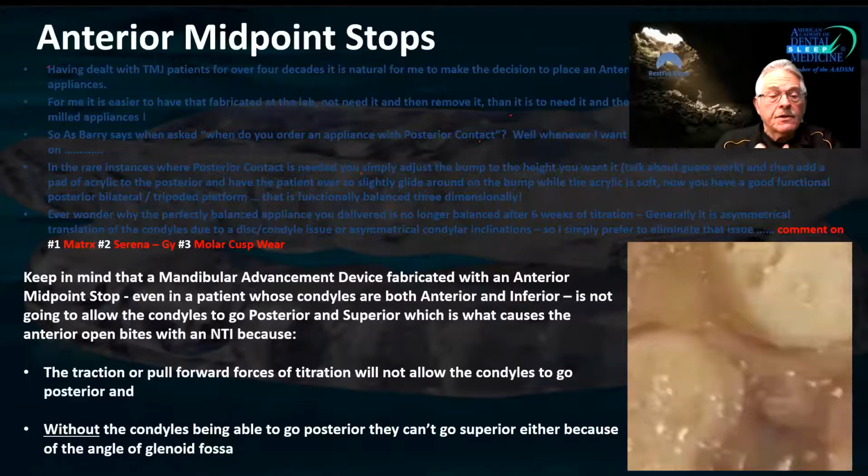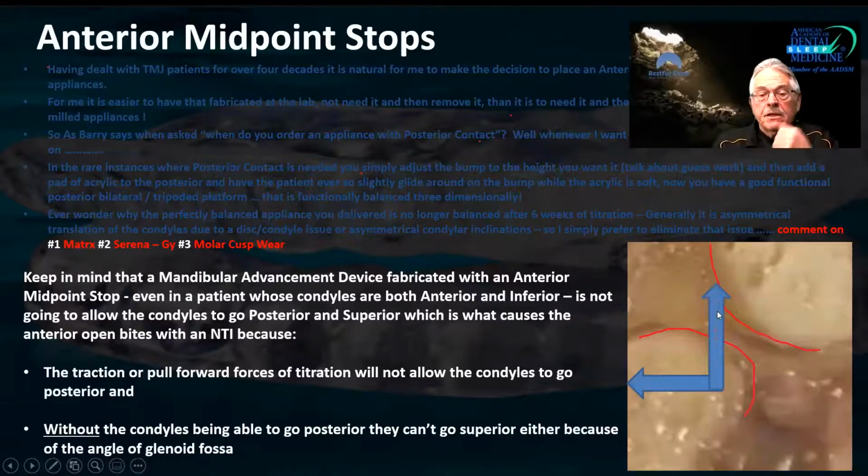And I've already kind of alluded to this. It's because of the traction or the titration that we do with a sleep appliance, which is totally different than an NTI appliance. So the sleep appliance won't let the condyles go posterior, well then they can't really go superior either and let it rotate, because you got a glenoid fossa and a disc, even if it's anterior displaced, you just got things in the way, okay?